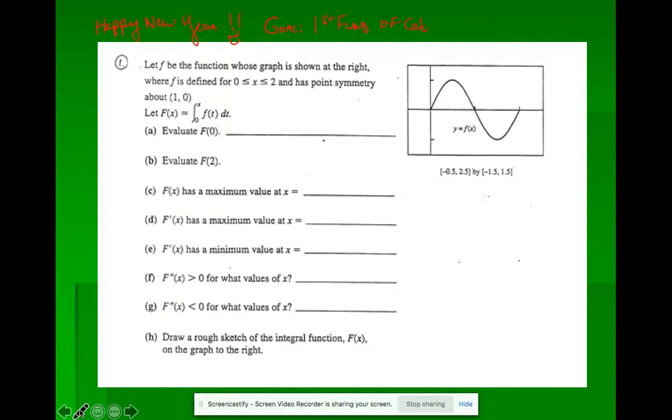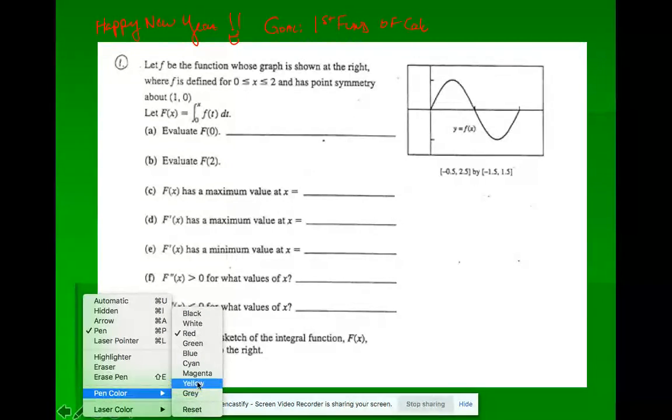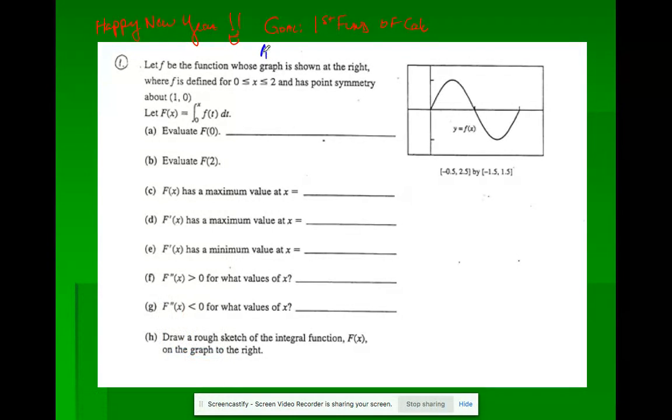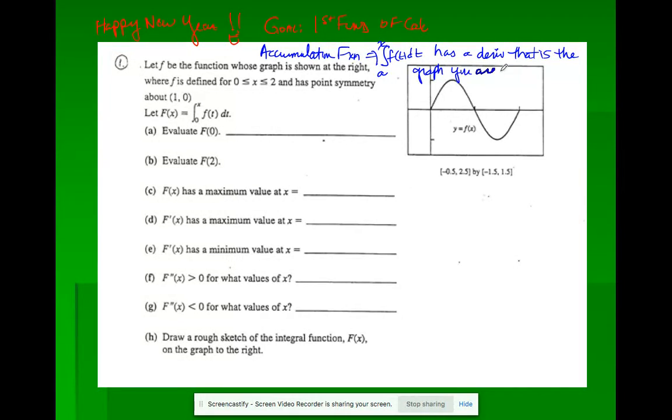And the big idea is that the graph that you are integrating under, the accumulation function, which is an integral function from some constant to x of f of t dt, has a derivative that is the very graph you're accumulating under.